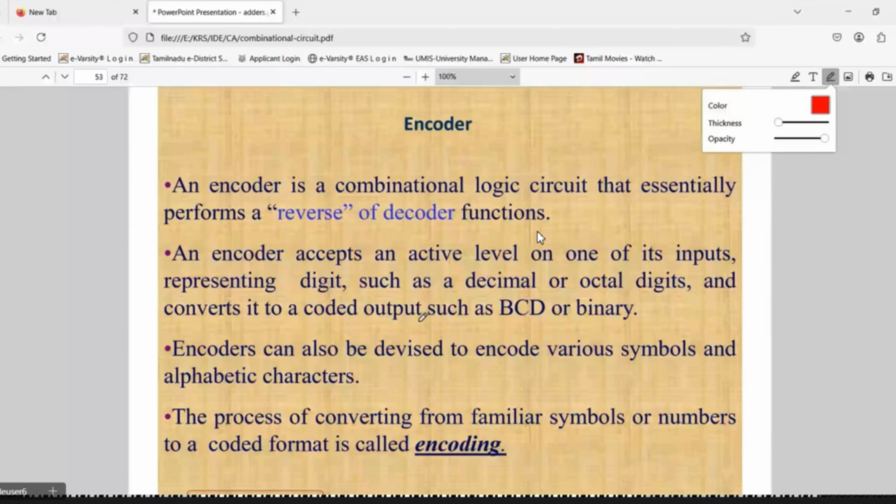The process of converting from familiar symbols or numbers to a coded format is called encoding. So an encoder is nothing but the reverse operation of the decoder. The best example is octal to binary.